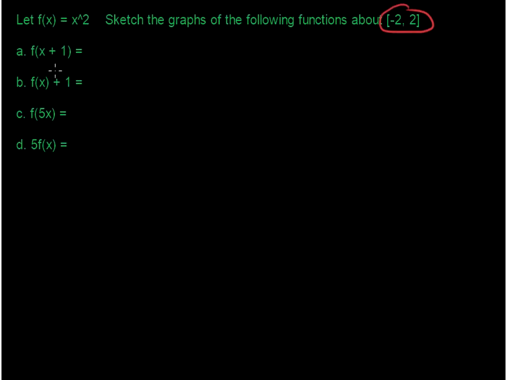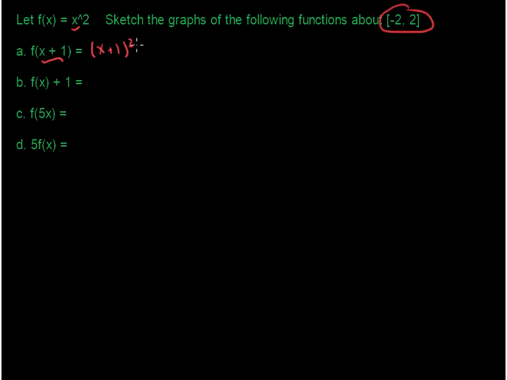Okay, f of x plus 1. Well, this is our function x squared. So look at this as like you're going to plug this into just the x. So this is going to end up being (x plus 1) squared.